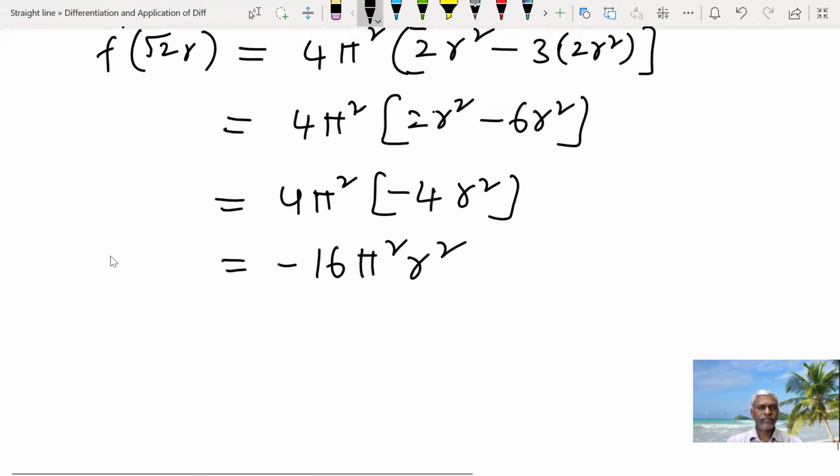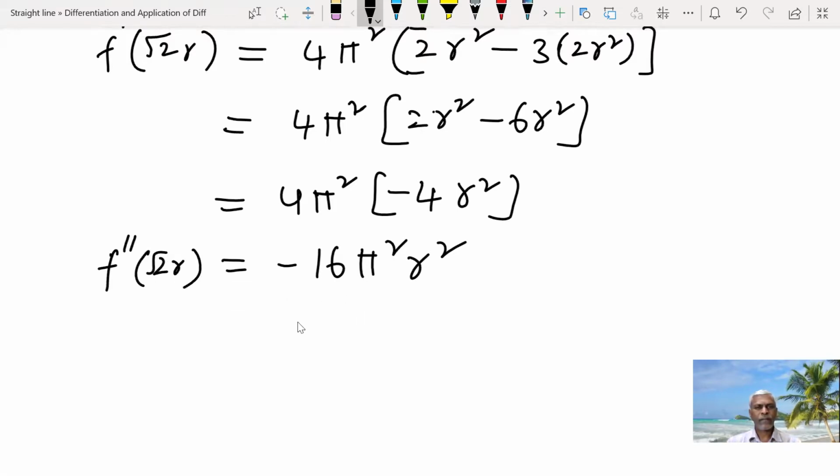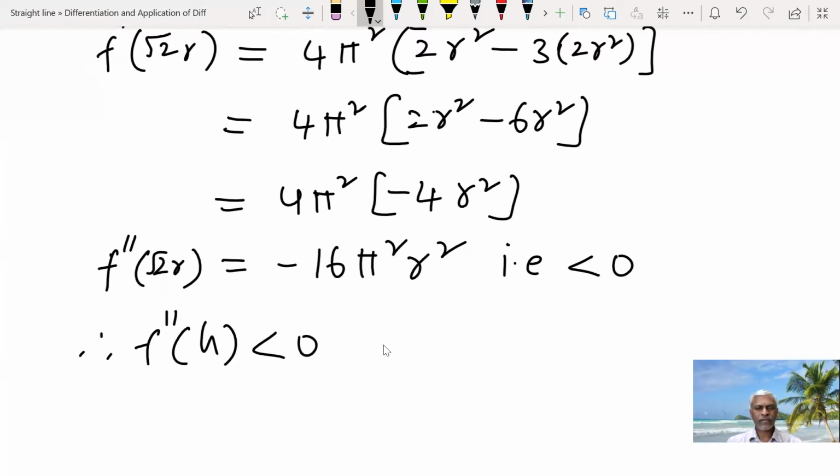That is, f double dash at root 2 r is less than 0. Therefore, f double dash h is less than 0 at h equal to root 2 r.